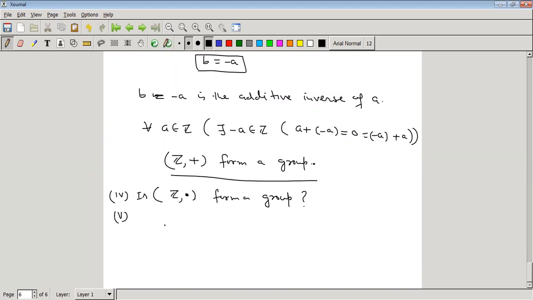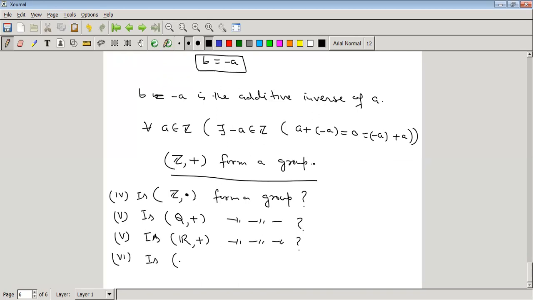Now the next question: does the set of rational numbers with addition form a group? Does the set of real numbers with addition form a group? These are the questions.